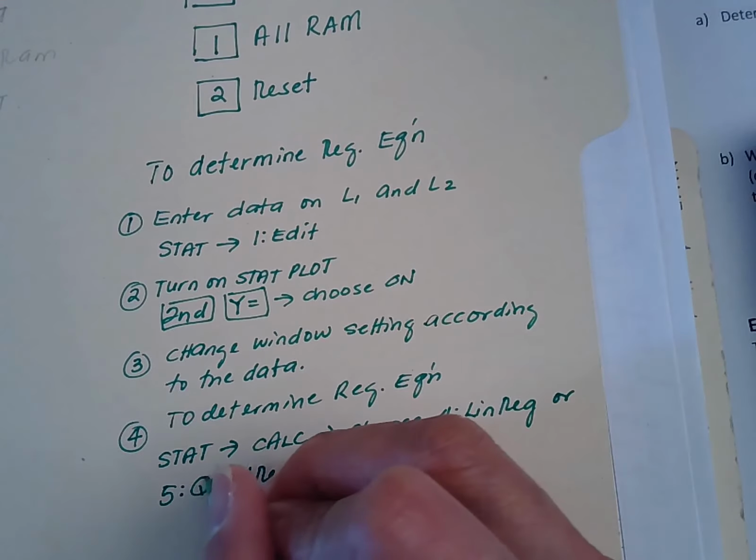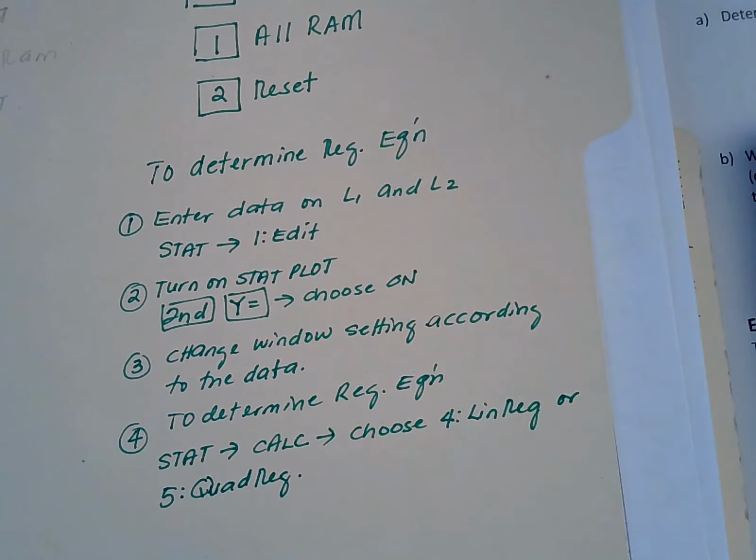So we're gonna choose either 4 for linear regression or 5 for quadratic regression.